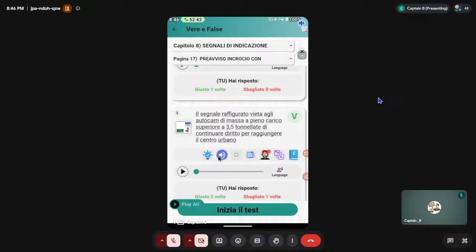Number 5. Il segnale raffigurato vieta agli autocarri di massa a pieno carico superiore a 3,5 tonnellate di continuare diritto per raggiungere il centro urbano. Attention, something looks confusing here. He said this is referring to, it forbids, understand this word, vieta. In autocarri, which is truck, that truck I showed you the pictures of now.